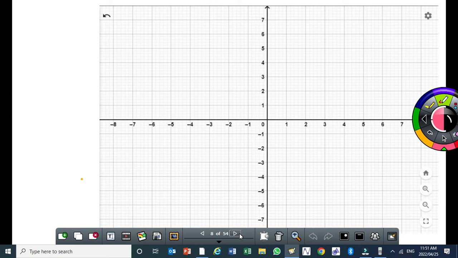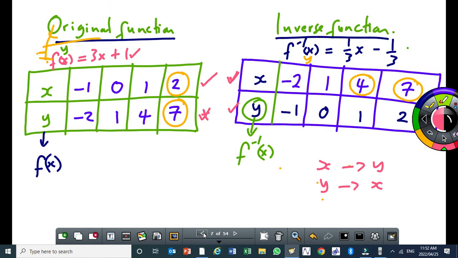Thank you. So we are going to use the dual intercept method. By dual intercept we mean we have to determine the x and y intercepts of both graphs. All straight lines pass through the intercepts.